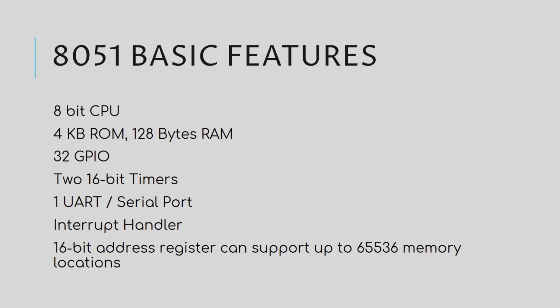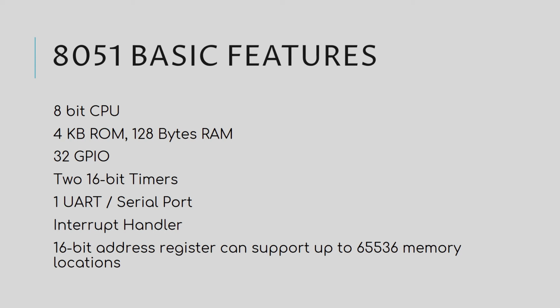There are 32 general purpose input output lines, and they are segmented as 4 ports. Each port has 8 lines. There are two 16-bit timers, one serial port or you can say UART, one interrupt handler. Now this is important.